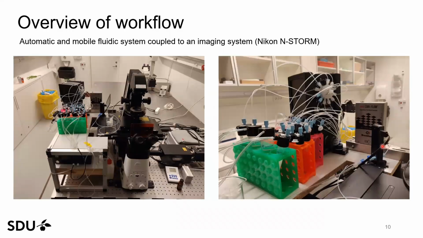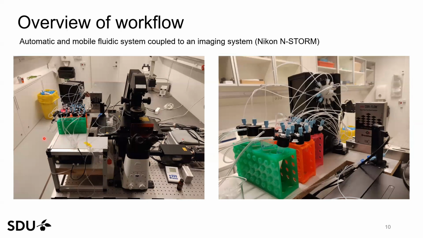So to do this experiment, there's a lot of different things going on. And one of the things that we have developed is this automatic and mobile fluidic system that we can couple to an imaging system of our choice. So this is the fluidic platform here, and then of course the microscope over here.